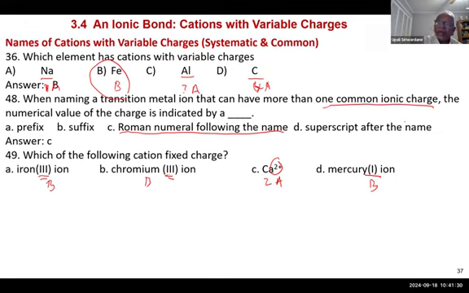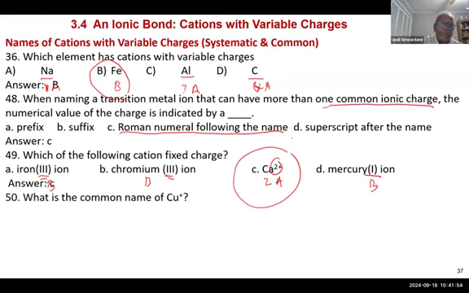Therefore, they need to be shown in parentheses after the cation name to indicate which charge is on the cation. Answer is C. This has 6 charge because it belongs to A group.